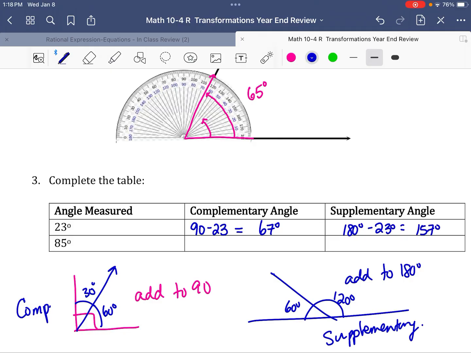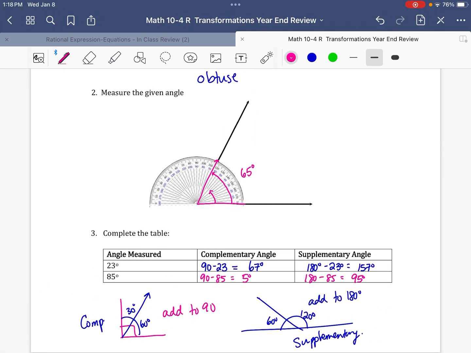And we do the same thing for 85 degrees, okay? We're going to take 90 minus 85, and that gives us 5 degrees, or 180 minus 85 gives us 95 degrees. So you're just subtracting from 90 or subtracting from 180.